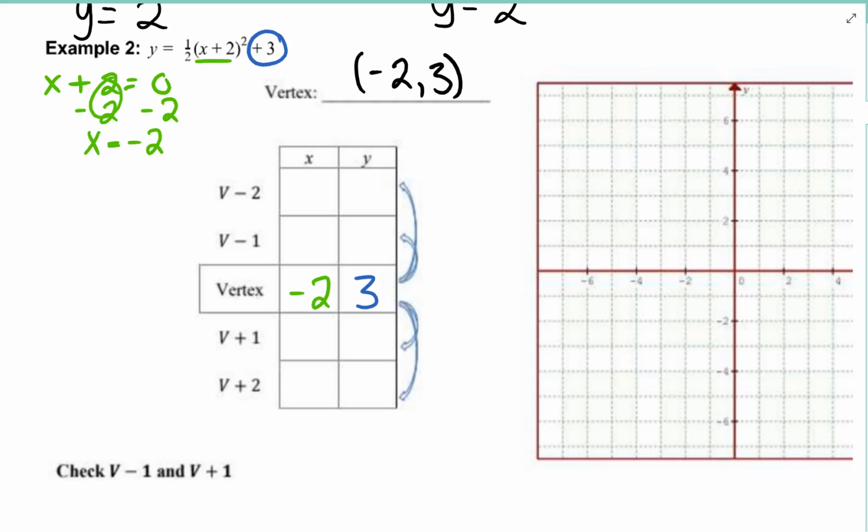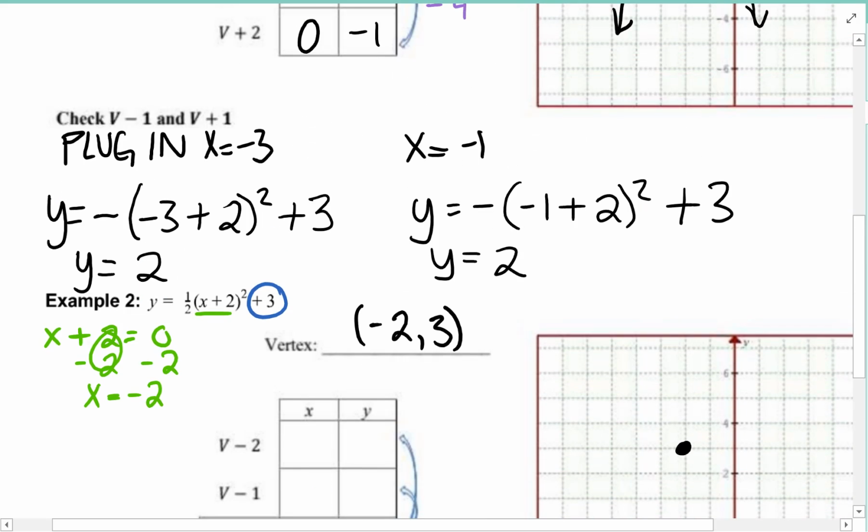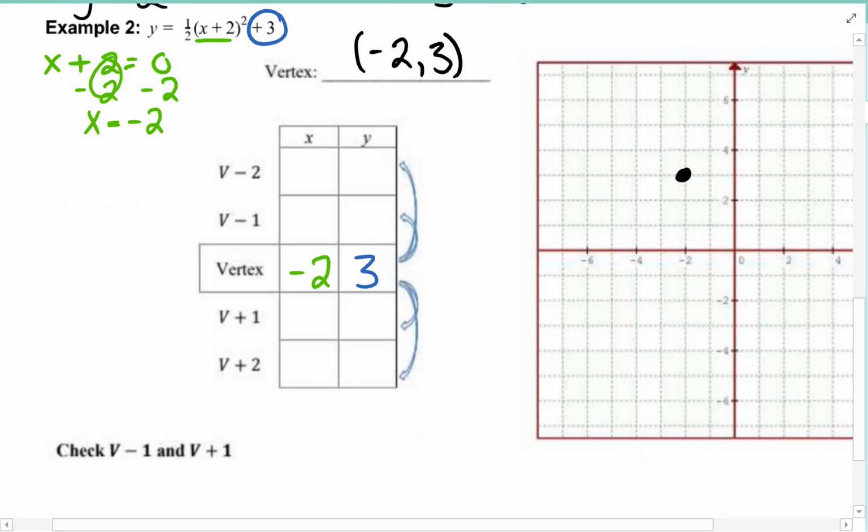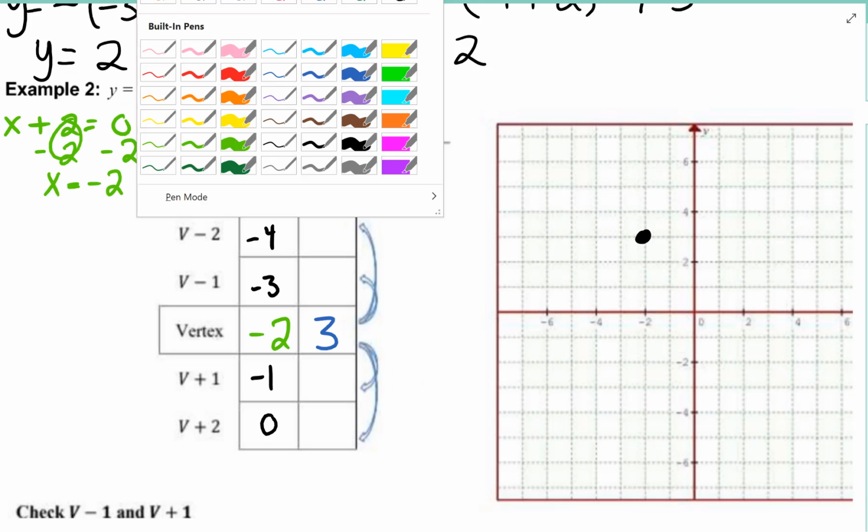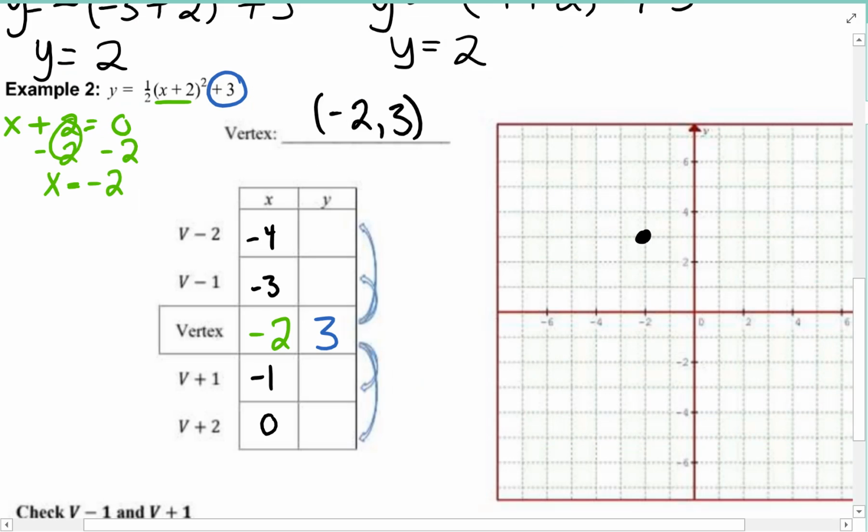So I'm going to plot that at negative 2, 3. The x values that I'm going to use are to the left and right of negative 2. So negative 3, negative 4, negative 1, and 0. To find where the other points are, we're going to figure out what A is. It's that number being multiplied in front, so 1/2.